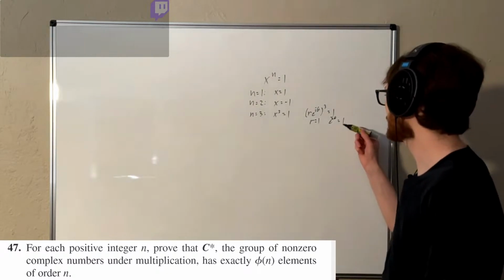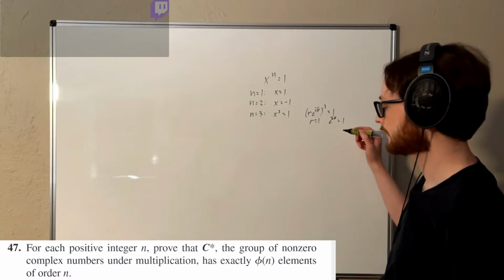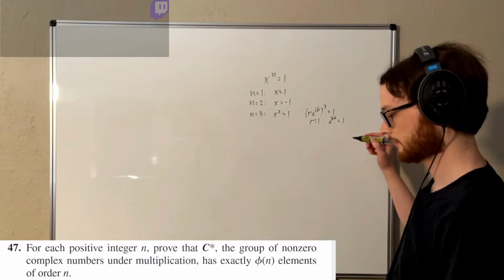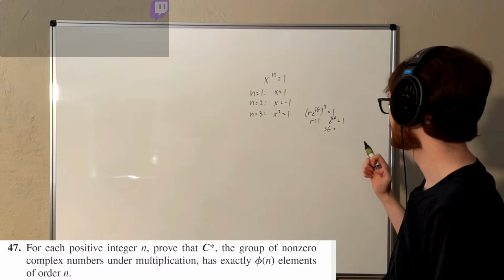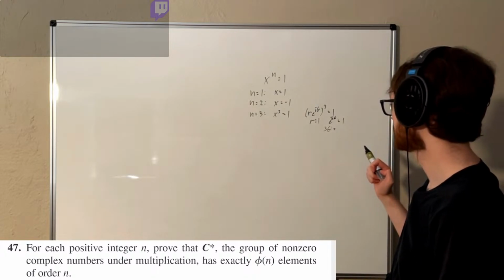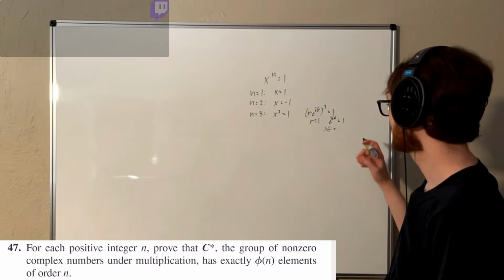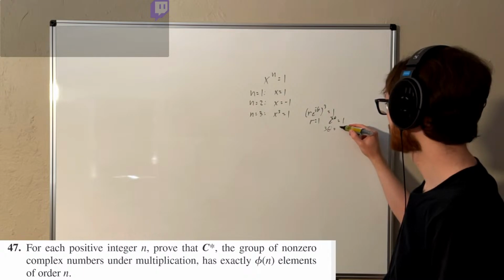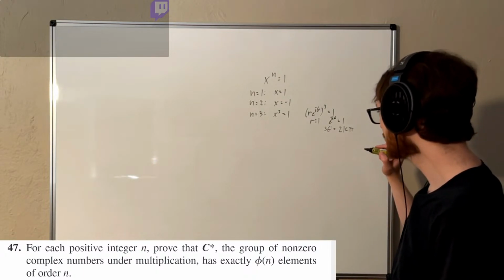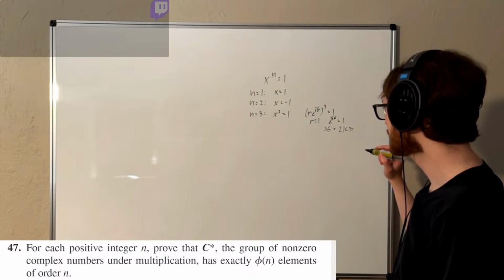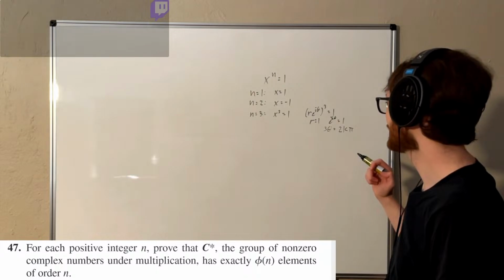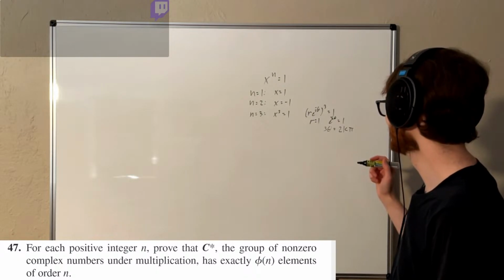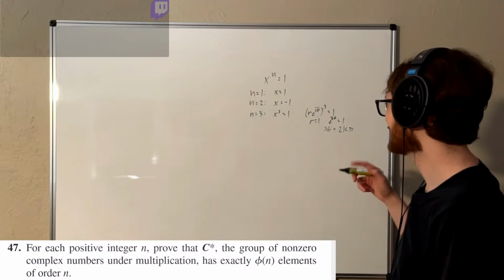So wait, this means 3 theta is equal to 2k pi? Oh, well, it's going to be some root 2 plus root 2i business, isn't it? Or maybe root 3 over 2.